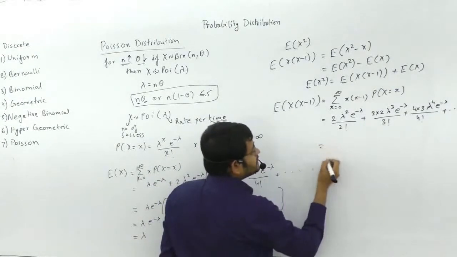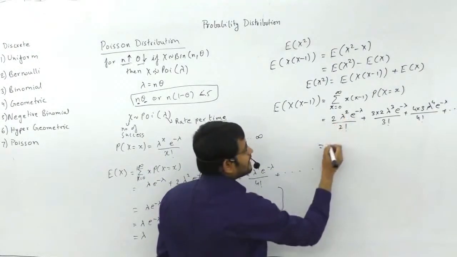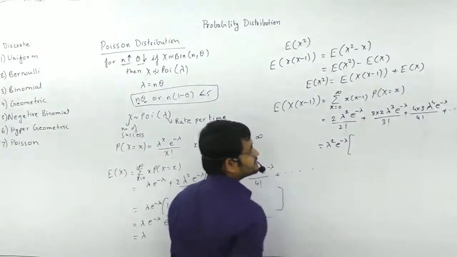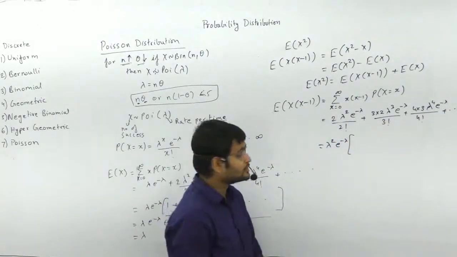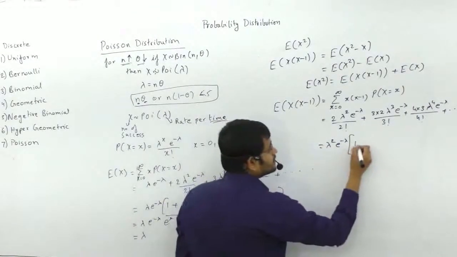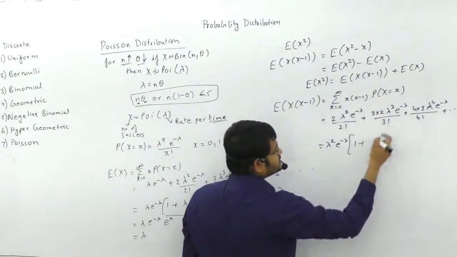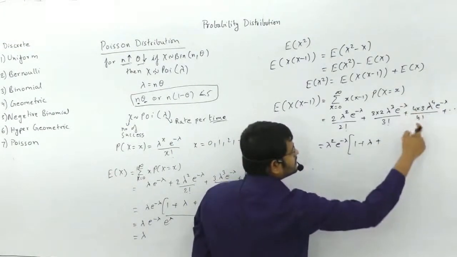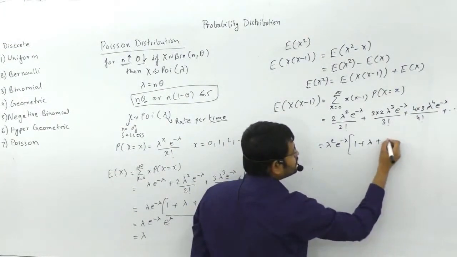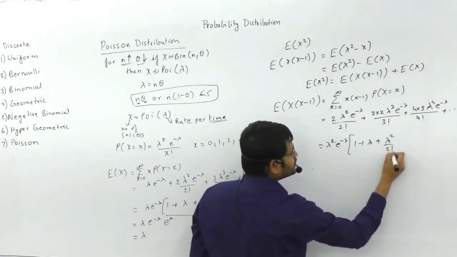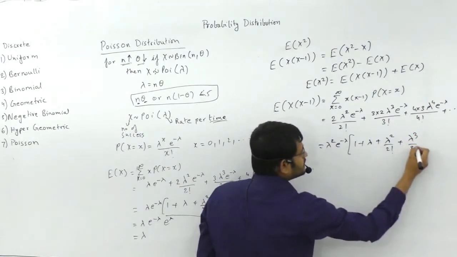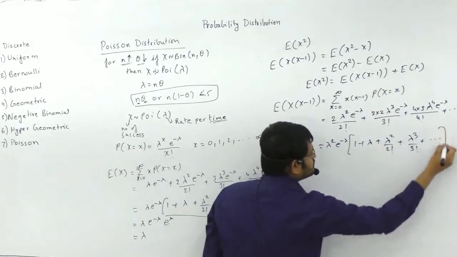Now, here I can take lambda square e raised to minus lambda as common, and I'll be left with 1 plus lambda. Then here 4 and 3 are removed, and I'm left with lambda square by 2 factorial. So next would be lambda cube by 3 factorial and so on.